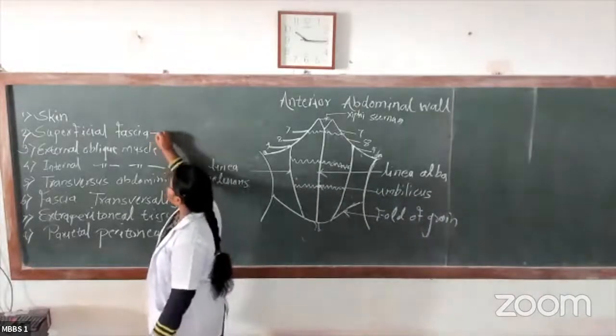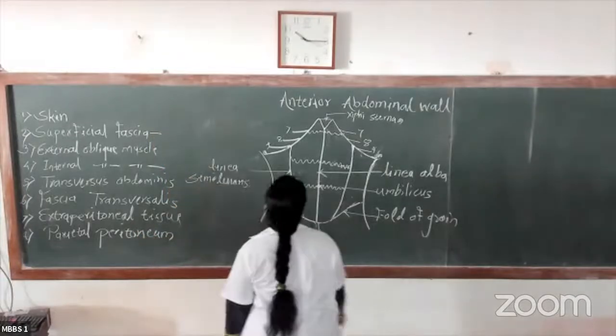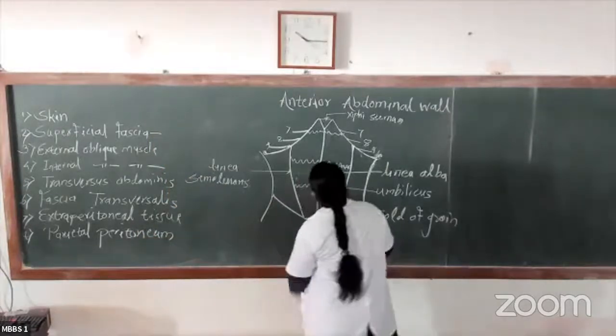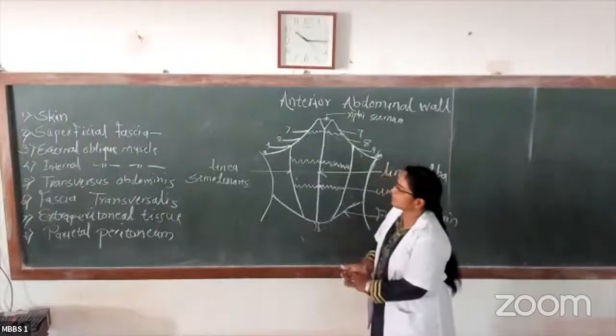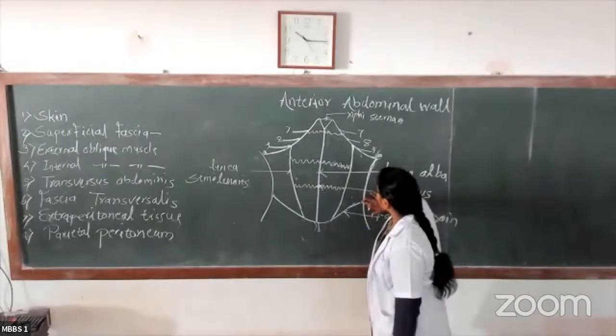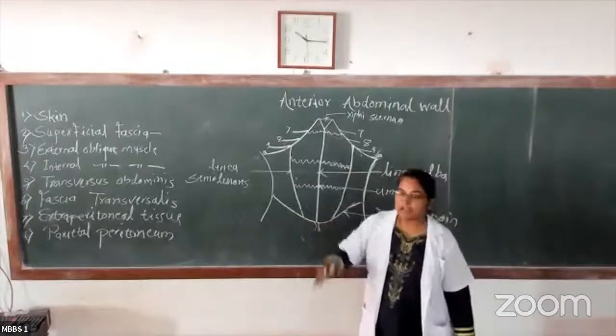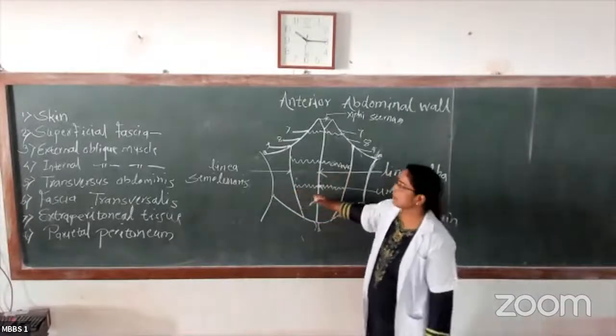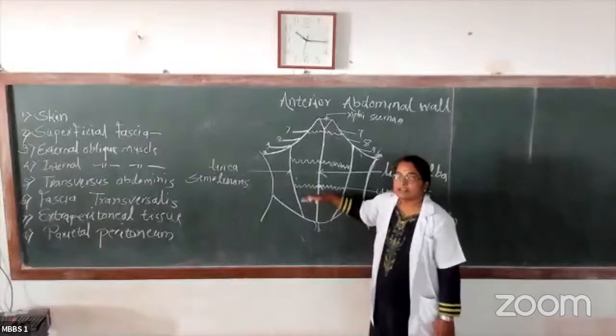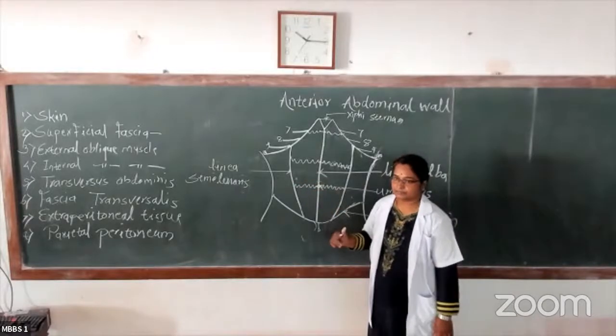Now, deep to the skin, there is a superficial fascia. Now, the superficial fascia, above the line joining both anterior superior iliac spines, is in a single layer.